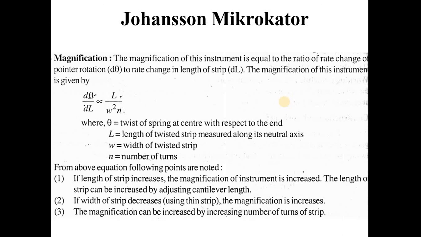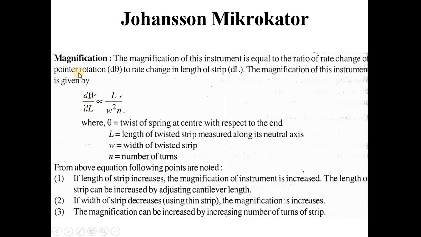So what magnification can we observe over here? The magnification of this instrument is equal to the ratio of the rate of change of pointer rotation, d theta, to the rate of change in the length of the strip, dl. The magnification is given by d theta by dl.